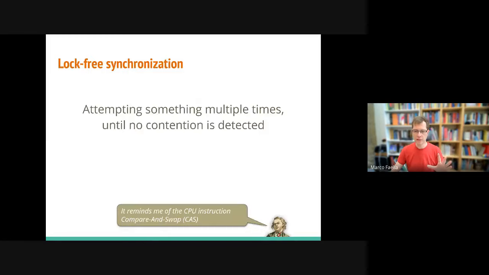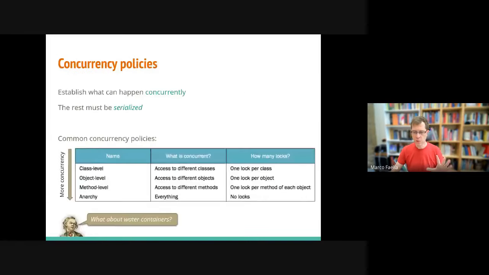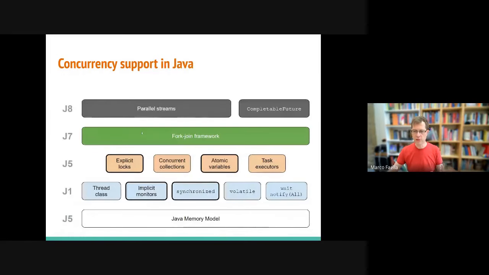Let's take the case of Java. You stay away from it by using the higher level data structures, the higher level parallel constructs and features that your language offers. For example, in the case of Java, since Java 8, we've had the parallel streams library.